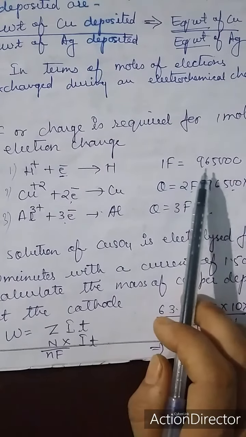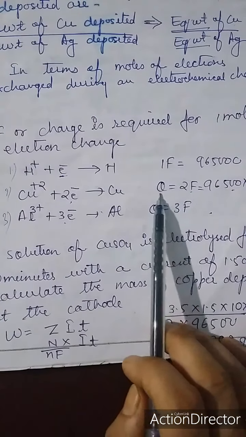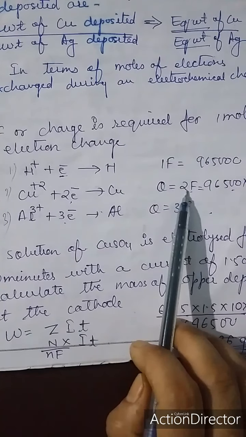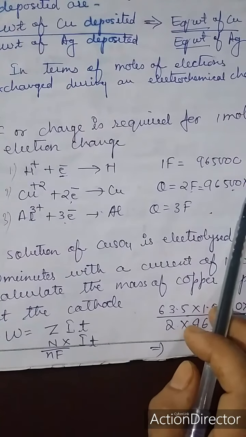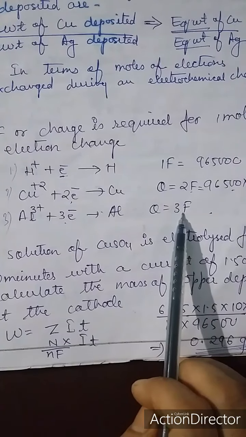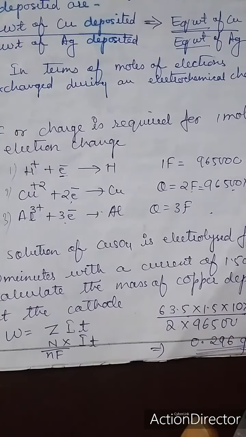Now you know 1 Faraday is 96500 coulombs. So Q in this case will be 2F, meaning 2 into 96500, and Q in this case will be 3F, that is 96500 into 3.